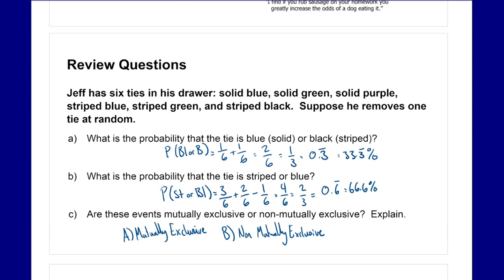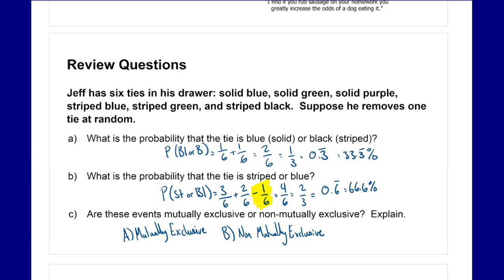So the probability of striped is 3 out of 6 plus 2 out of 6 for blue, but we do have to subtract some overlap here because there is a striped blue tie. So we subtract the one overlap, it becomes 4 out of 6, or 2/3, or 0.6 repeating, or 66.6%.